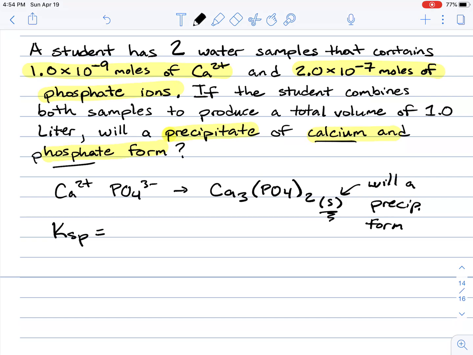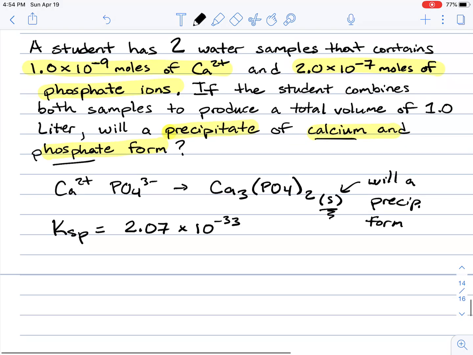And so it turns out that the Ksp for calcium phosphate is 2.07 times 10 to the negative 33. Okay. And this is the Ksp at 25 degrees Celsius.